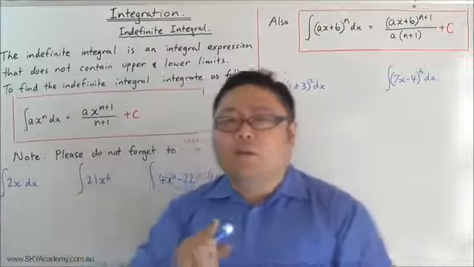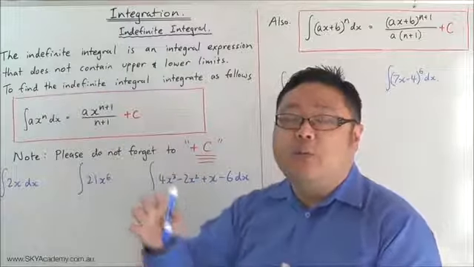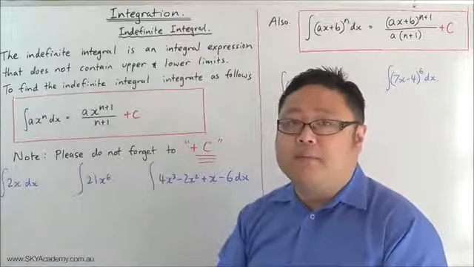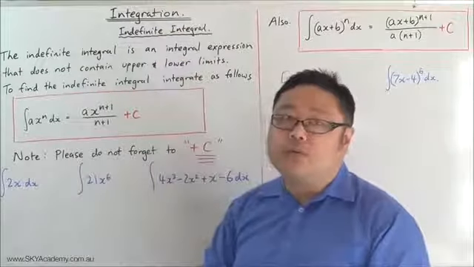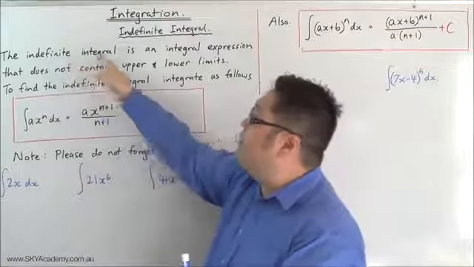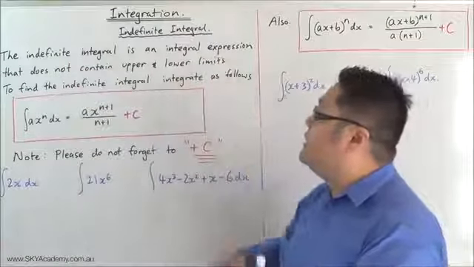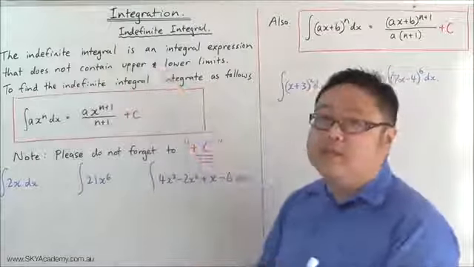Now we're going to apply that to curves in general where we don't have upper and lower limits. This is where indefinite integrals come into play. An indefinite integral is an integral expression that does not contain upper and lower limits.